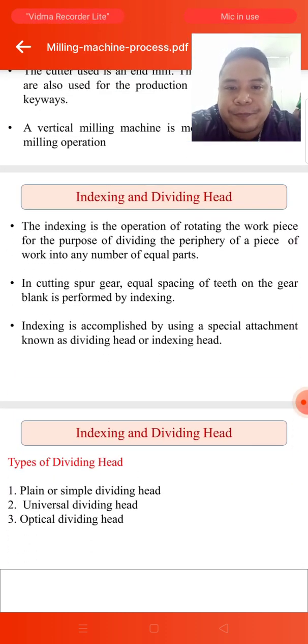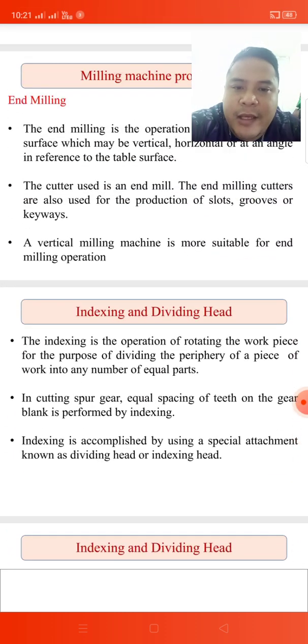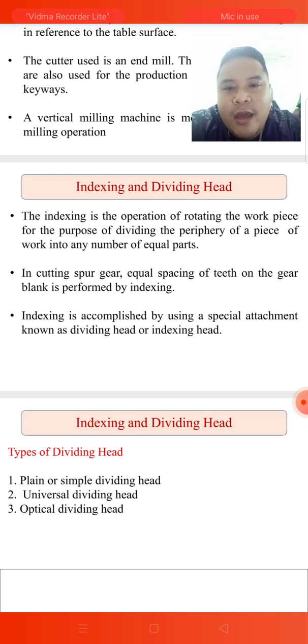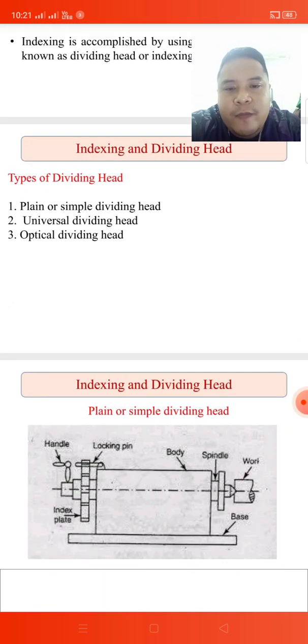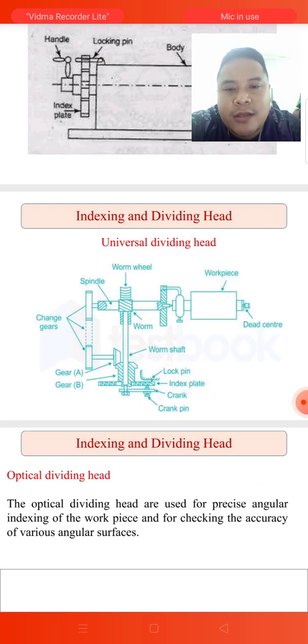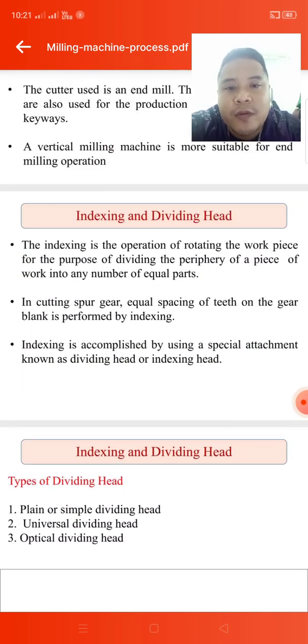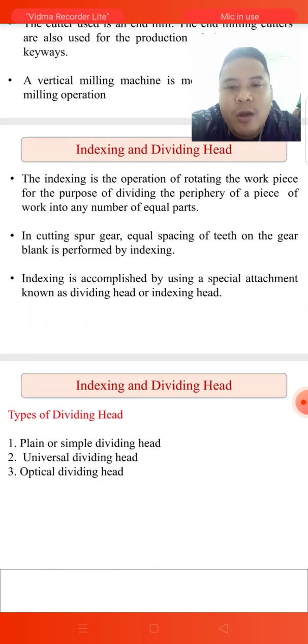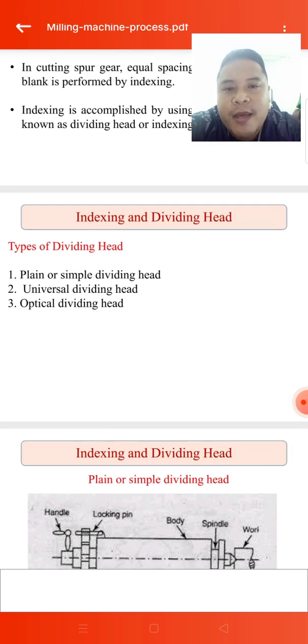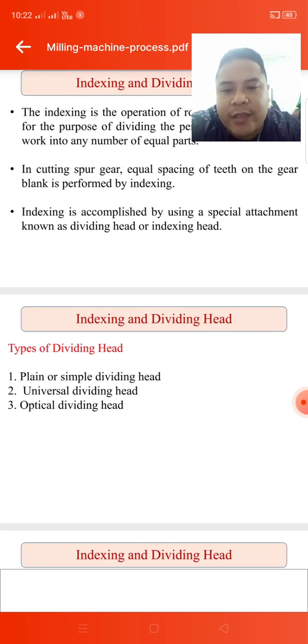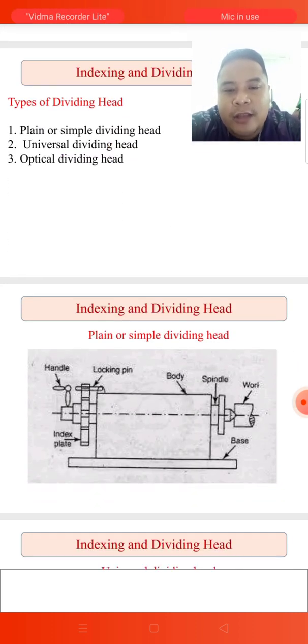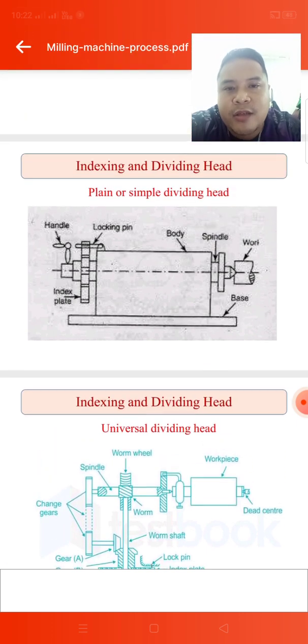Okay, indexing and dividing head is not included. It will be discussed soon in our final term of this subject. So it will come out in our final exam: types of indexing, dividing heads, and attachment accessories for the indexing.